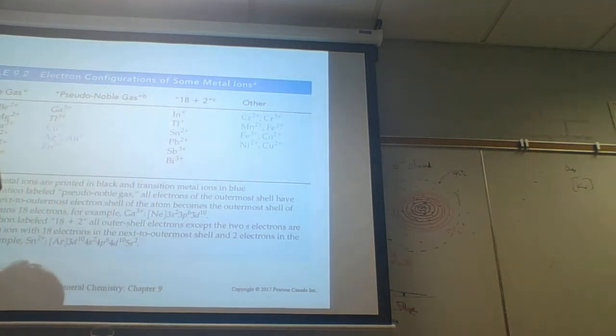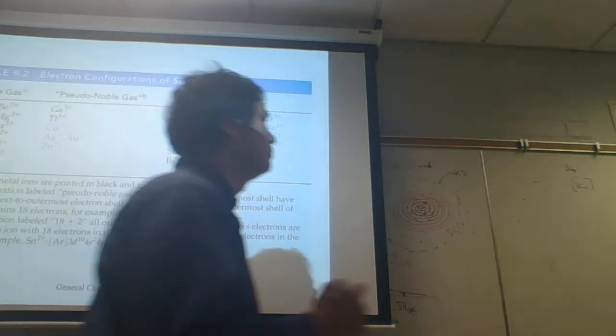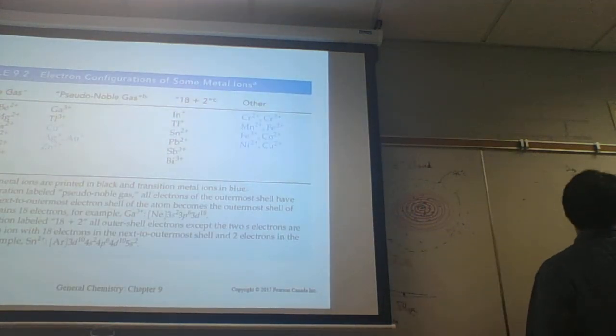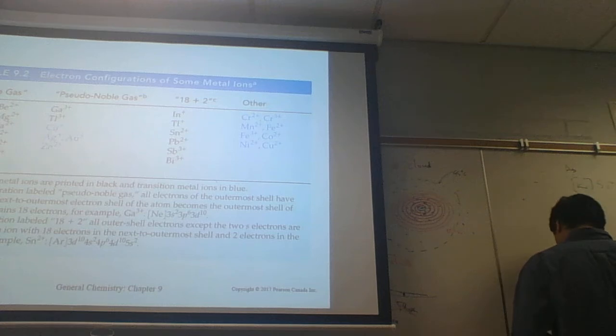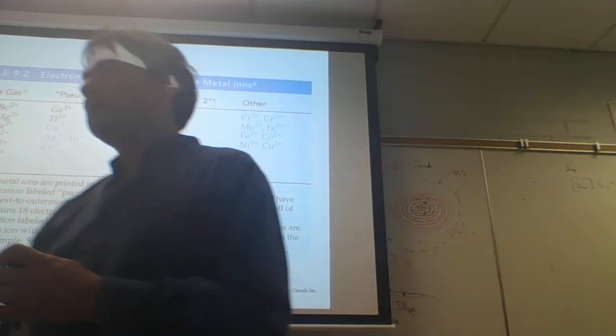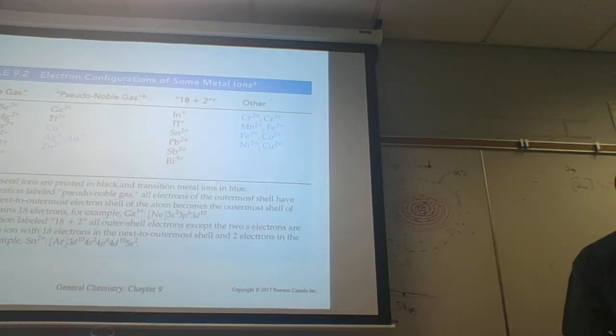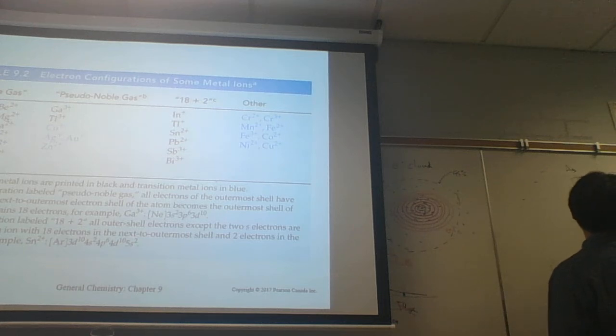Krypton, then what? 5s2. 4d9. Look at the d and tell me what you notice about d.